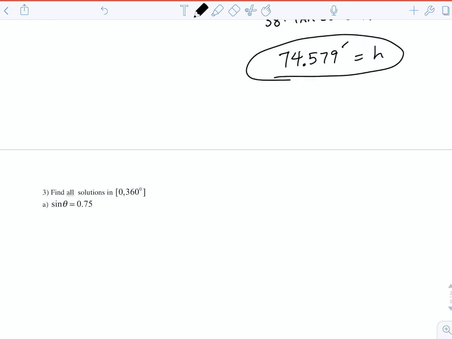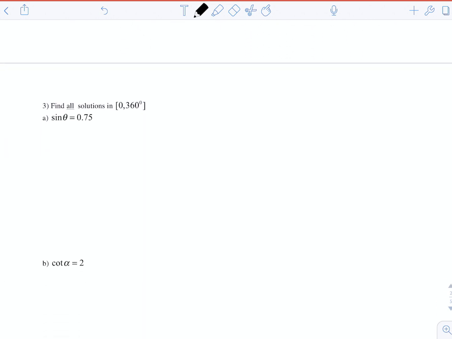Okay, what's up next? Find all solutions in 0 to 360 degrees. So that means if you look at a smart trig class, this is saying that sine is equal to a positive. That can happen right here, also in the second quadrant.